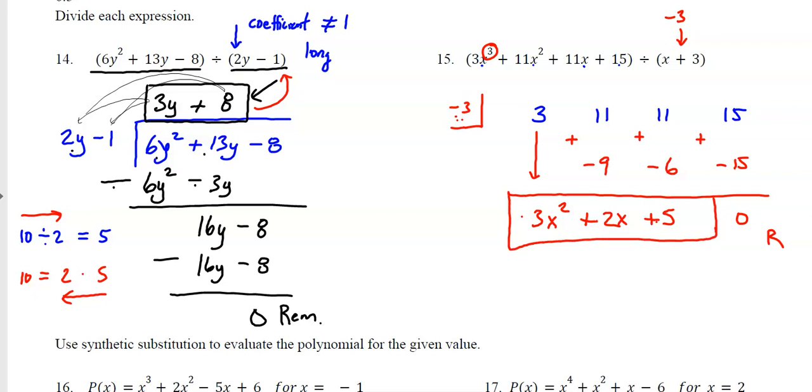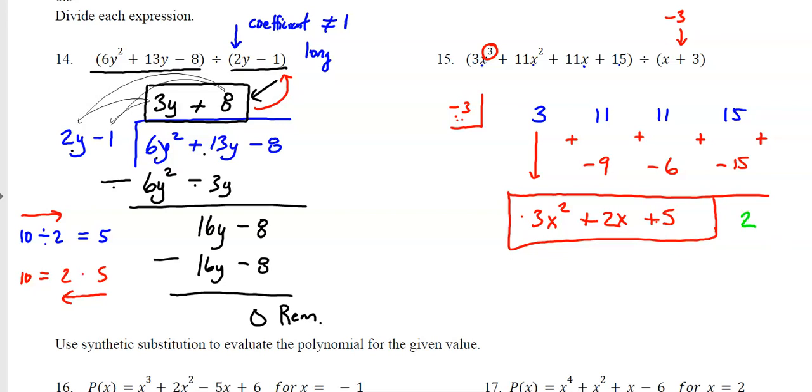Now, if there was a remainder, let's just pretend, kind of fantasy world here, that when we added up these last two columns we got a positive 2.